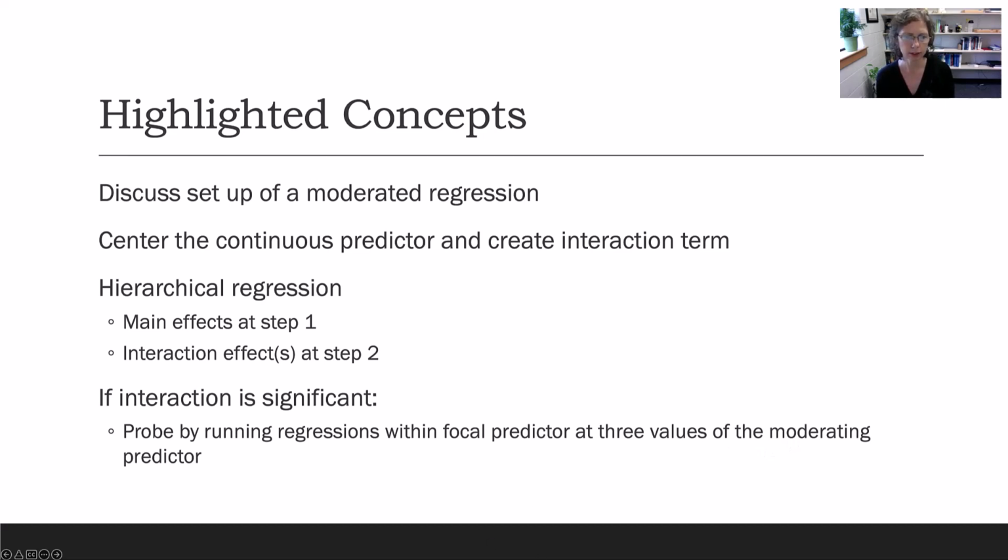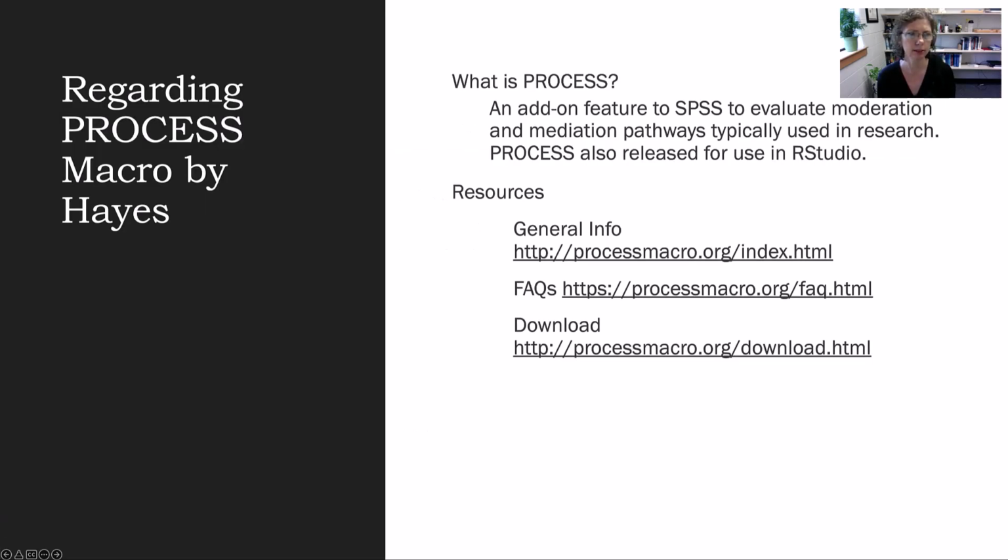I did leave you a little slide here about the PROCESS macro. We're going to be using this, and I'll talk about it a little bit more in our lab. It's an add-on, so you have to download it and incorporate it into SPSS or R, and that's going to depend on if you have administrator access to SPSS, which I'm sure anyone using SPSS through Argo apps, you don't have that, but that's okay.